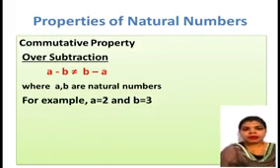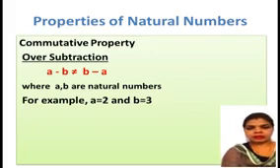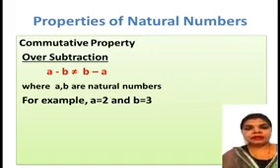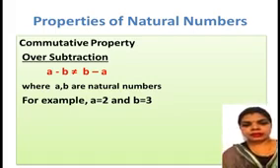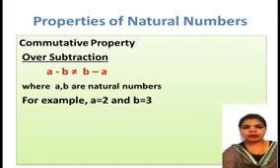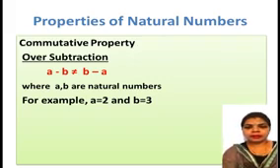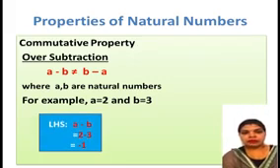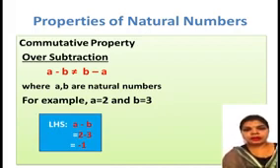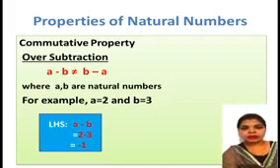Now we can see the commutative property over subtraction. Commutative property over subtraction is not valid. That is, a minus b is not always equal to b minus a. So, for example, a is equal to 2 and b is equal to 3, we have LHS a minus b, which is equal to 2 minus 3, and it gives minus 1.